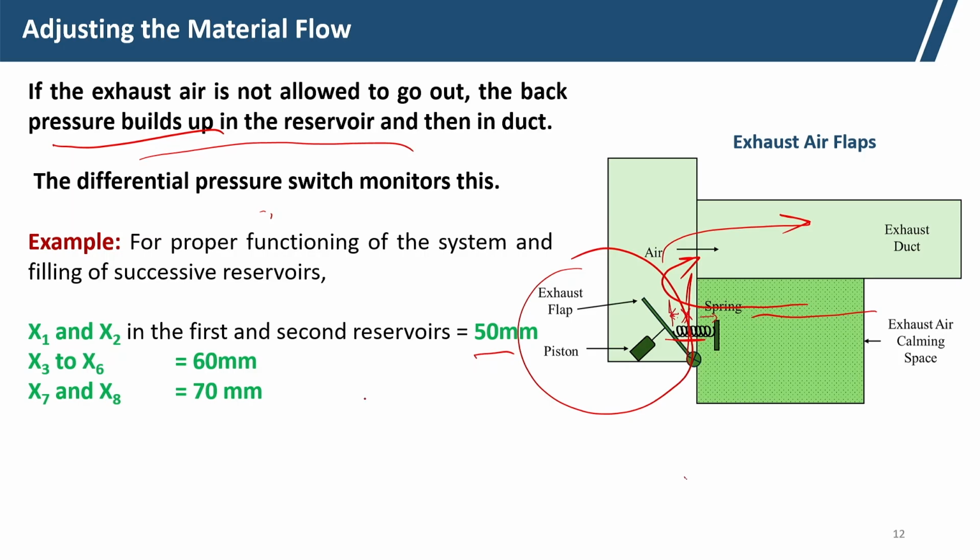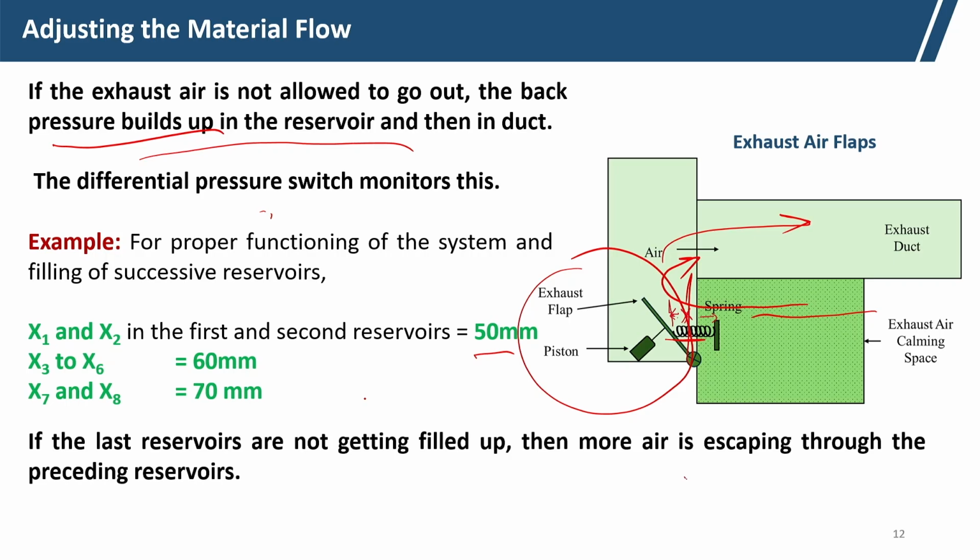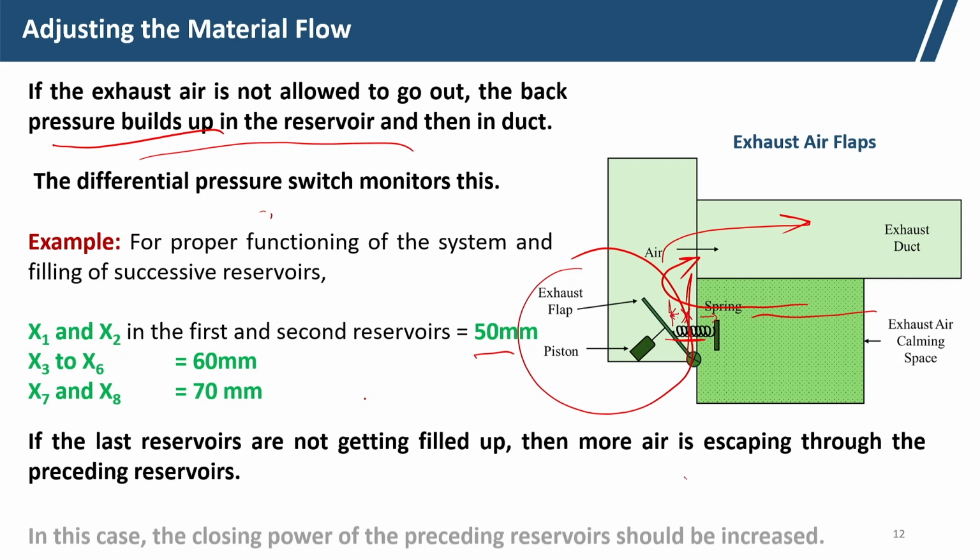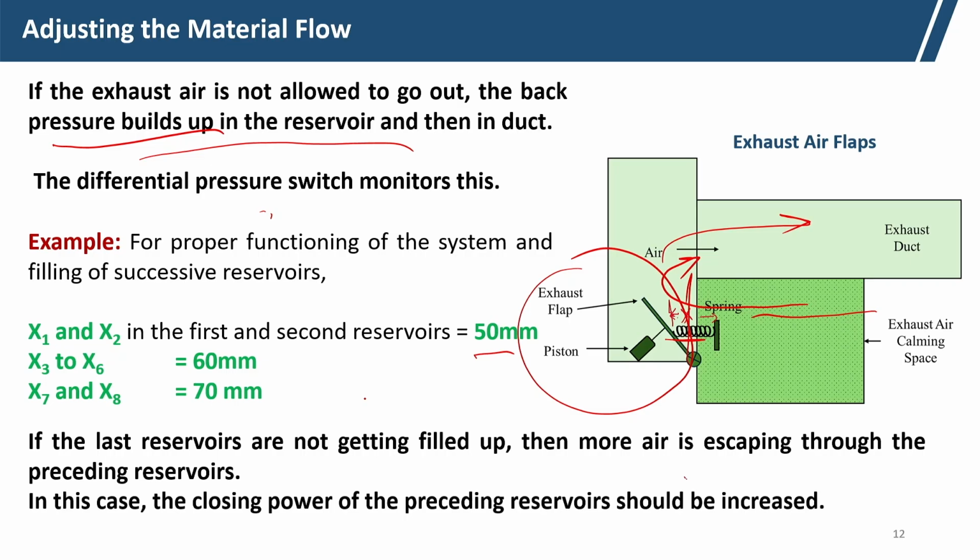This is the standard, so that you can control the exhaust air flow. If the last reservoir is not getting filled up, then more air is escaping through the preceding reservoir, so we have to control the pressure also. In this case, the closing power of the preceding reservoir should be increased, so that we can control the exhaust air pressure.